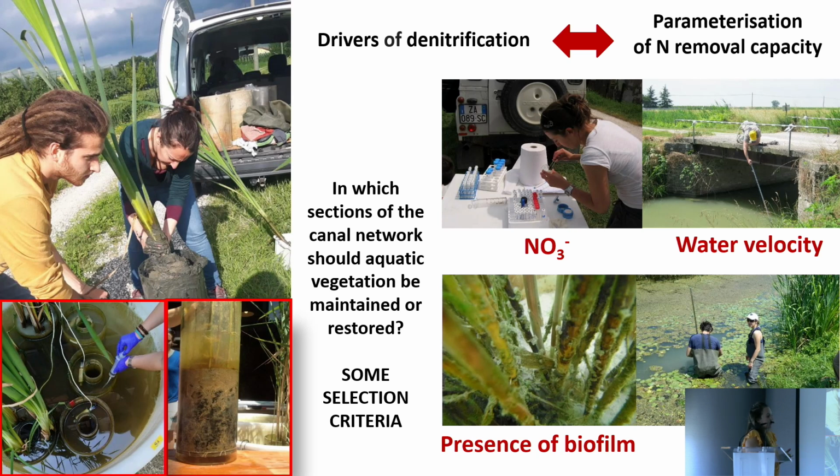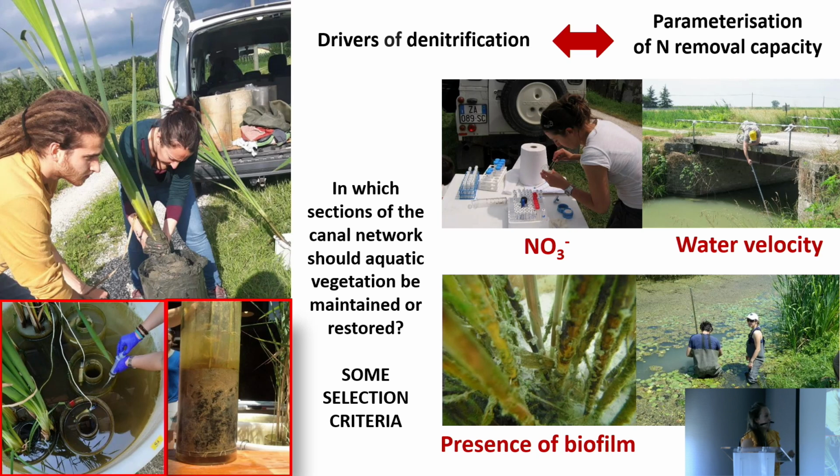So we moved to the laboratory in order to perform several experiments that investigate the effect of different drivers on the nitrification, for example, the nitrate concentration, the water velocity, but also the presence of biofilms and also the type of plants. In these canals, the plants are 2 or 3 different, for example, Phragmites australis and Typha latifolia, the biodiversity is very low.